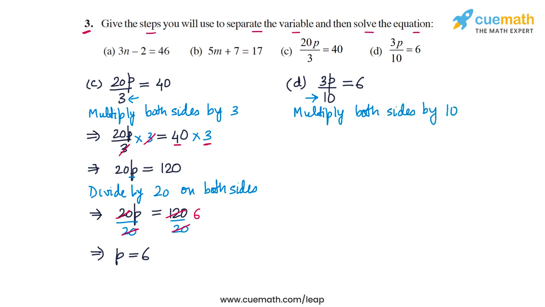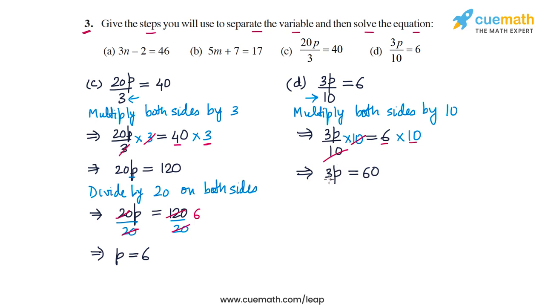Okay. So we have the original LHS 3p by 10. The original RHS is 6, and we're going to multiply both of these by 10. Alright, so what does this give us? The 10s cancel out and 6 into 10 is 60. So we get the equation 3p is equal to 60.